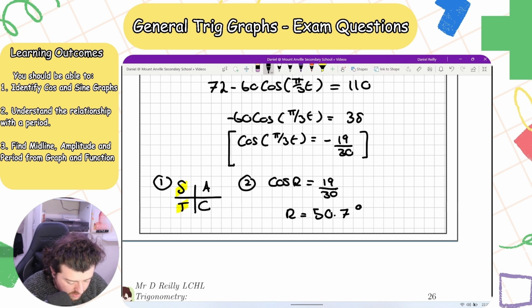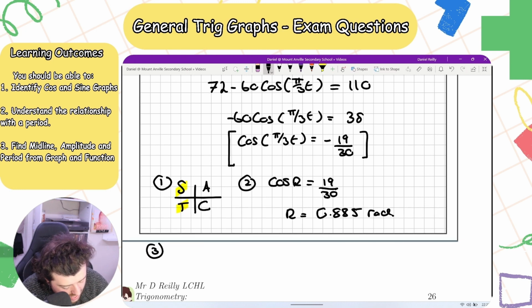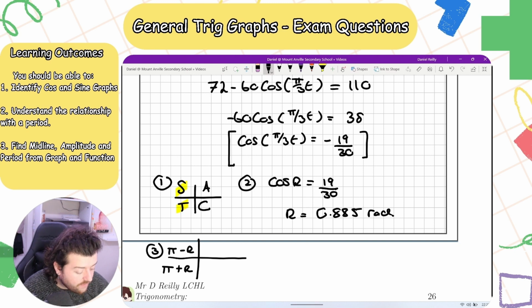Right, cosine inverse 19 over 30, 0.885 radians. Then I'm in the second and third quadrants, so it's going to be pi minus my reference angle and pi plus my reference angle. So I'm only finding two values here. So I don't need to do my general solution, I only need to find two values.